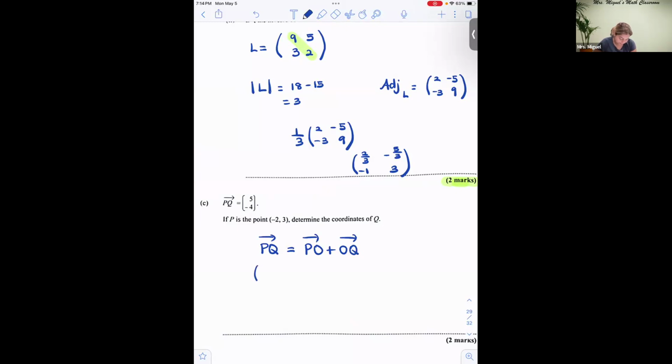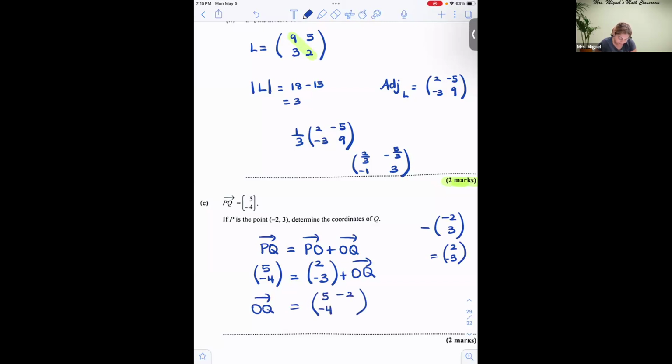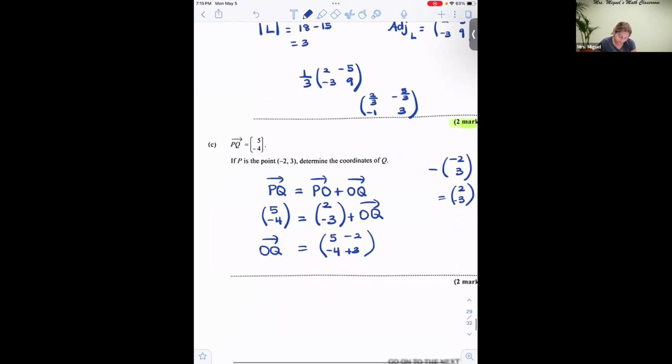So this is 5, -4, and this would be negative of -2, 3, which will give us +2 and -3, plus OQ. So OQ is the vector 5 minus 2, if you carry it across, and -4 plus 3. So this will give you 3, -1. You can check it back.